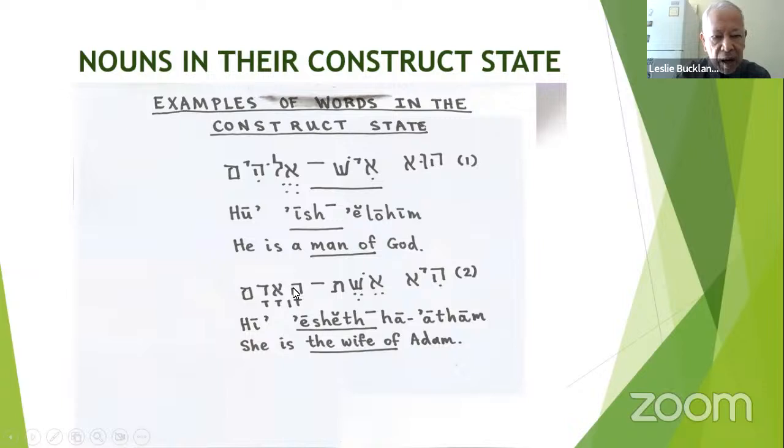Other words are added to it to explain the noun. The noun does not stand by itself. And when other words are added after the makaf to explain the noun, then that noun is in its construct state. It's getting ready for additional meanings to be added to it.